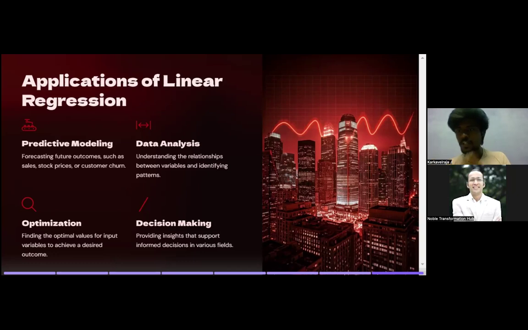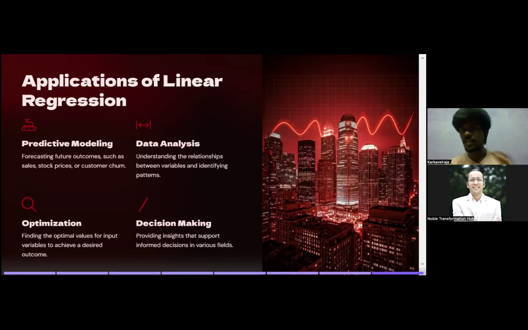It is a skill that maps to every domain, like healthcare, embedded systems, or the banking sector. You just align this data science knowledge to that domain so that you can succeed. So decision making provides insights to support informed decisions in any field, instead of various fields.